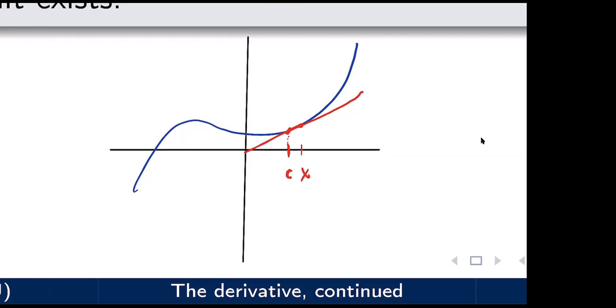That's all we're doing. And then the slope of the secant line is, well, the height there is f of x. The height here is f of c. So the change in height is f of x minus f of c. The change in x is just x minus c, right?